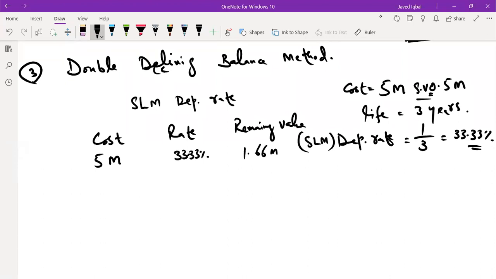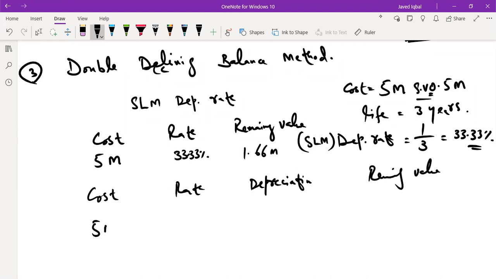Sorry, I'm redrawing this. I missed one column. So you have the rate, the depreciation for the year, and then the remaining value.